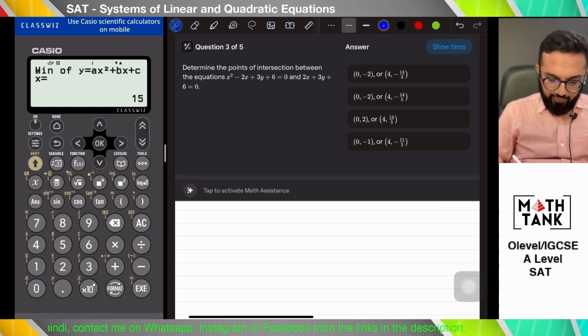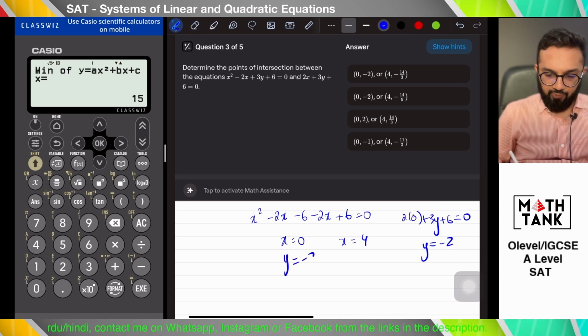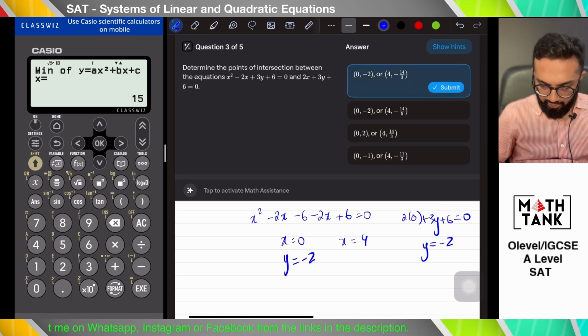Okay, I'll have to solve this one again. So x squared minus 2x minus 6 minus 2x plus 6. So x is 0 or 4. When x is 0, y is minus 2. So a or b.